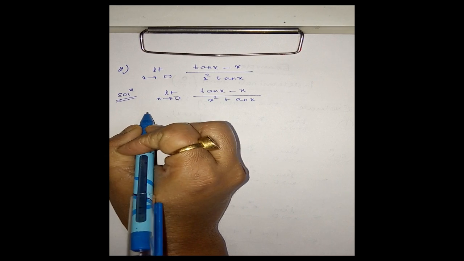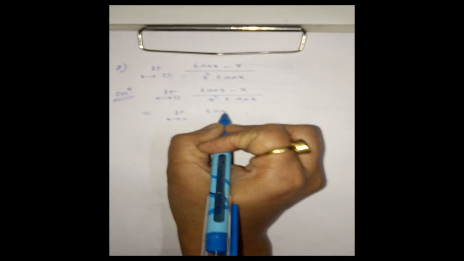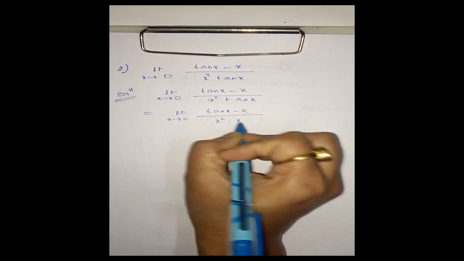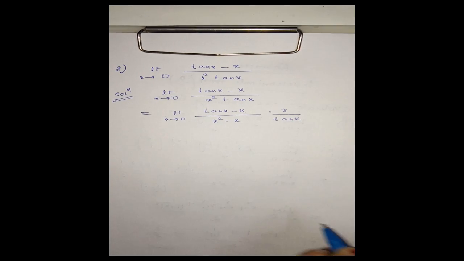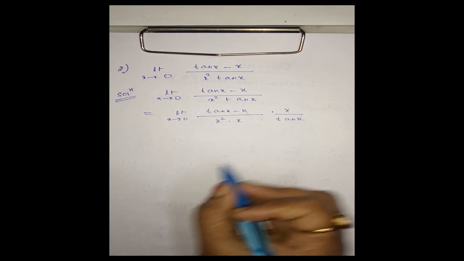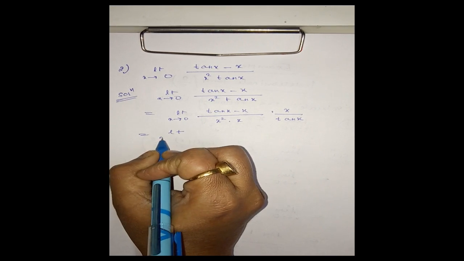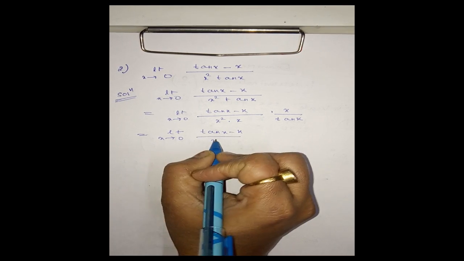Now first we can rewrite this as (tan x minus x) by x squared into x by tan x, dividing and multiplying by x.